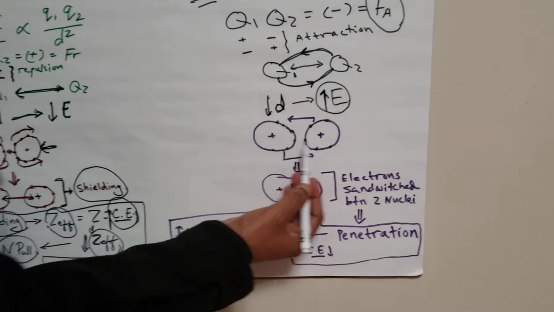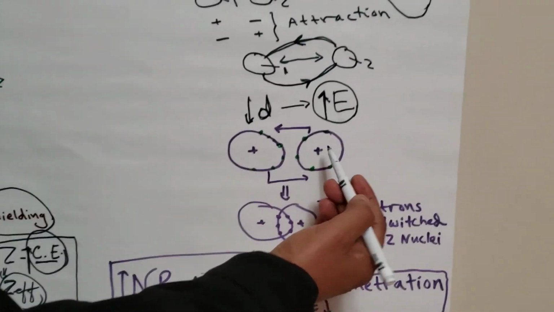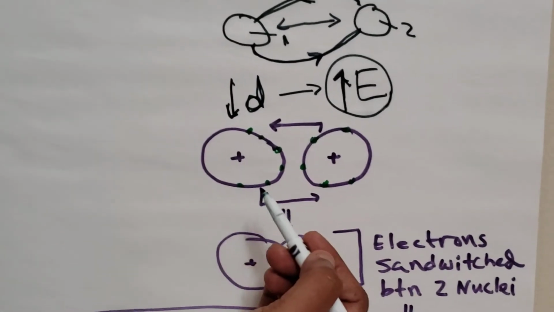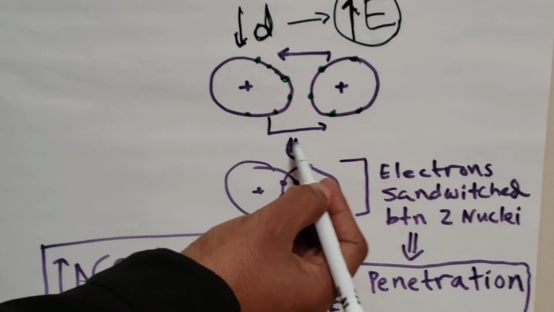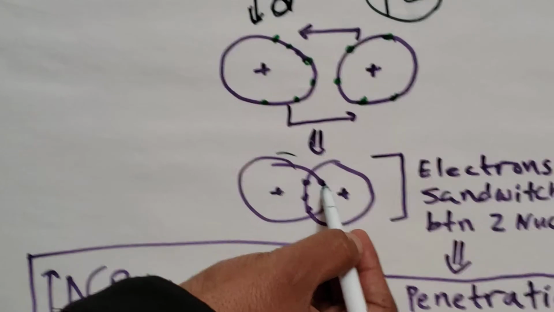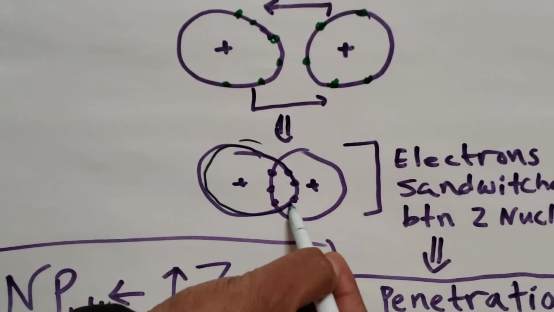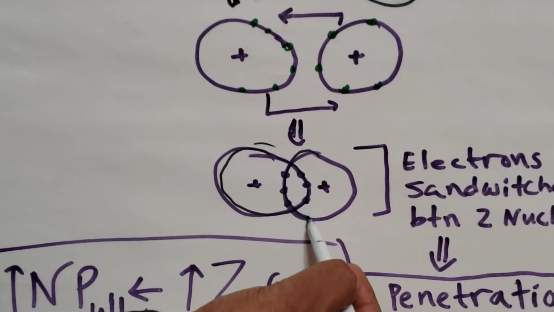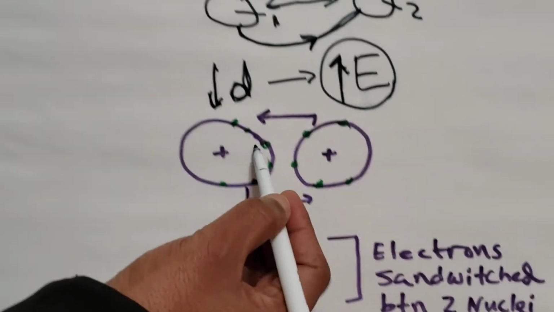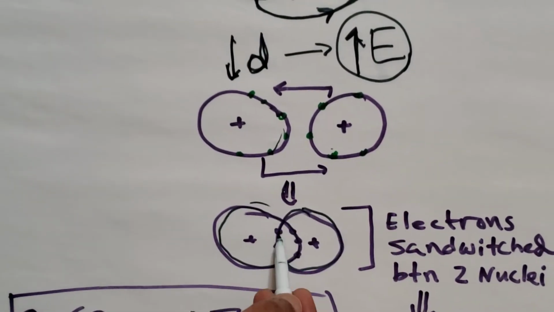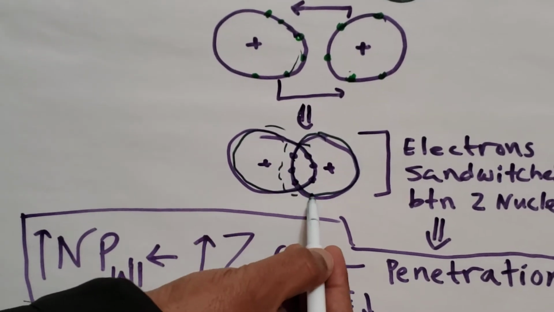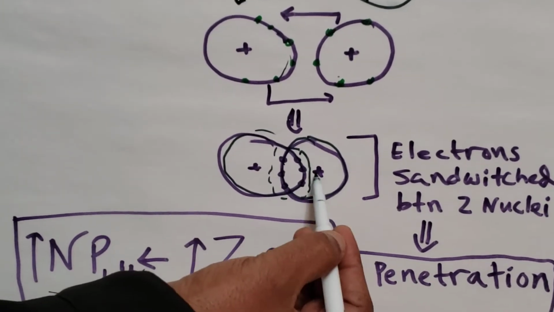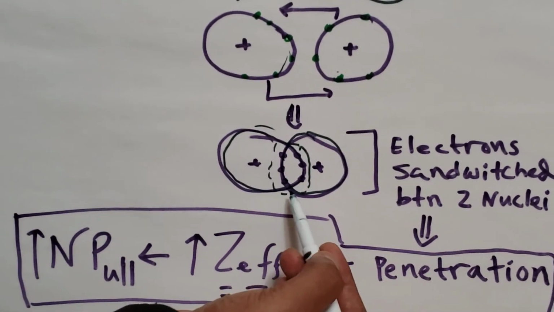So this is one atom, this is another atom. They are pulling towards each other. Because of this, you are going to have orbital overlap, and the electrons located here are now sandwiched between the two nuclei.